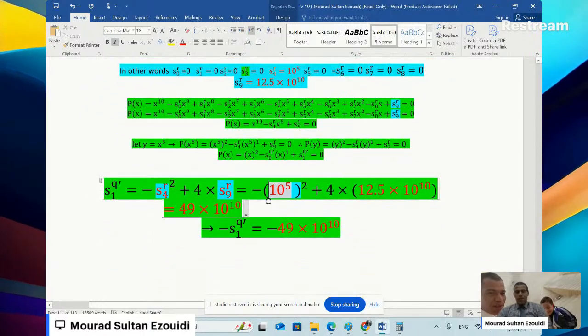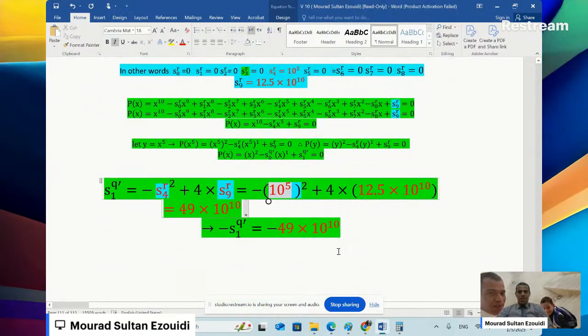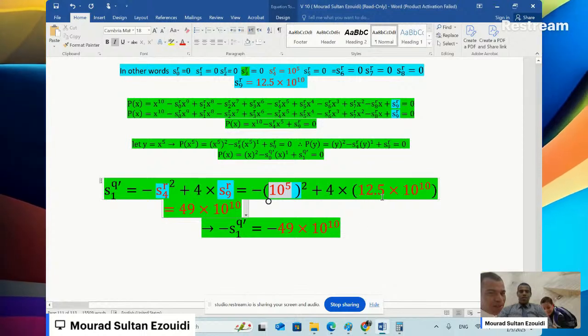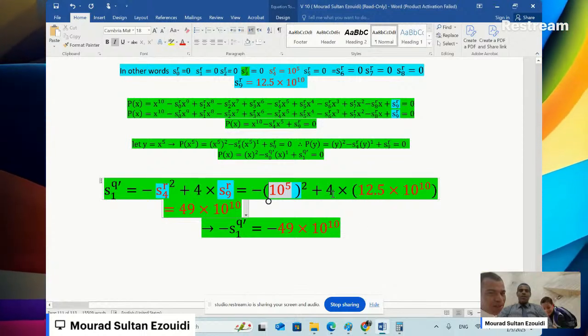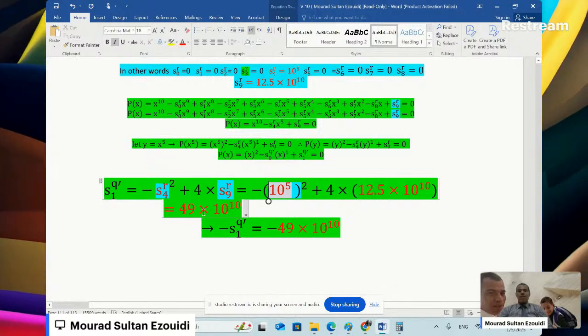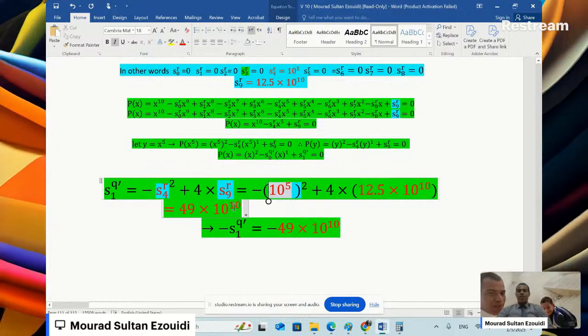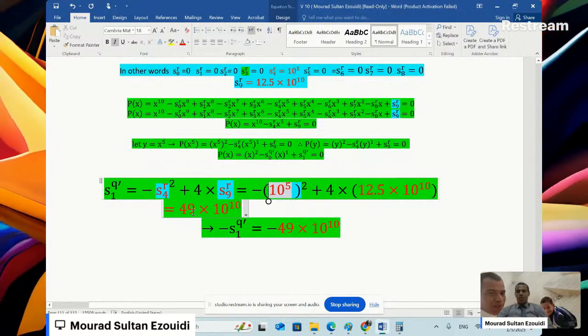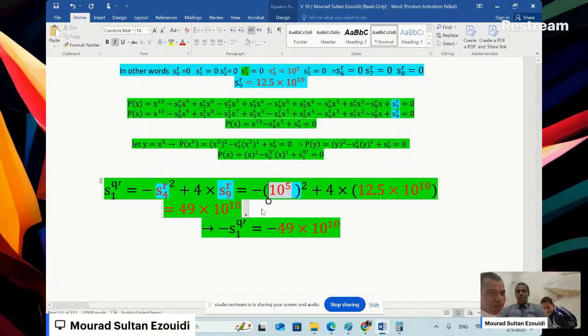Okay, you can use a calculator. You see, this is 12.5 multiplied by 4 is 50. Minus 1 is 49 times 10 raised to the power 10. Therefore, 49 times 10 raised to the power 10 is positive.